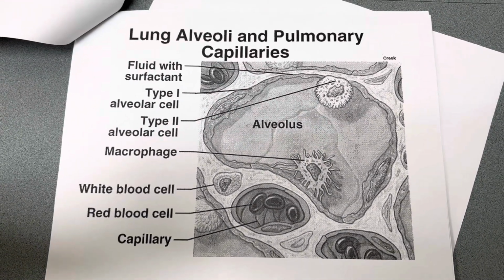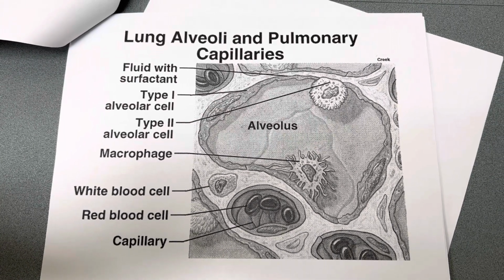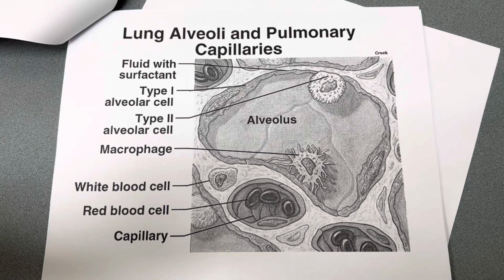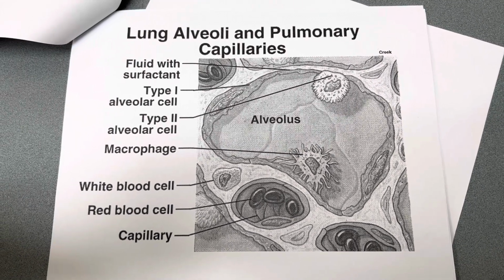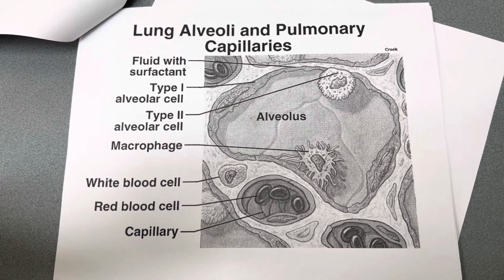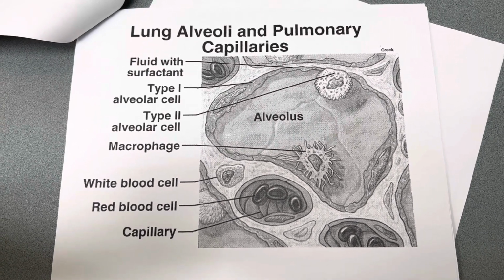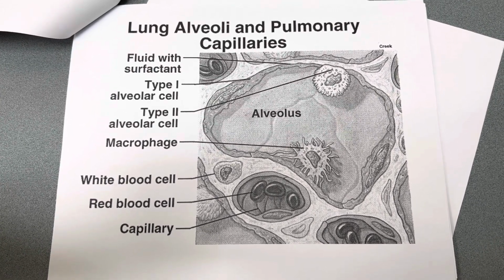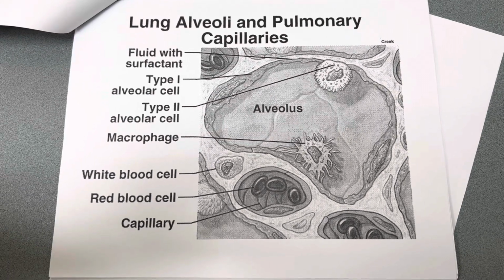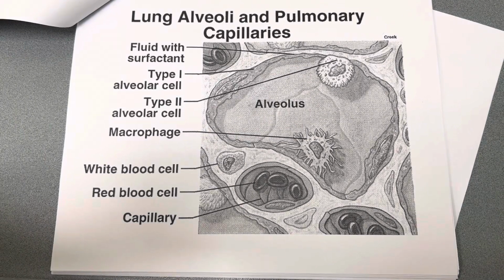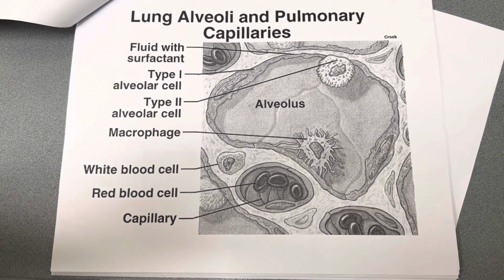Lung alveoli and pulmonary capillaries, fluid with surfactant. Type 1 alveolar cell, type 2 alveolar cell, macrophage, alveolus, white blood cell, red blood cell, and capillary.